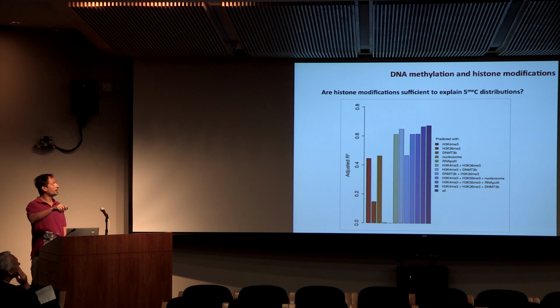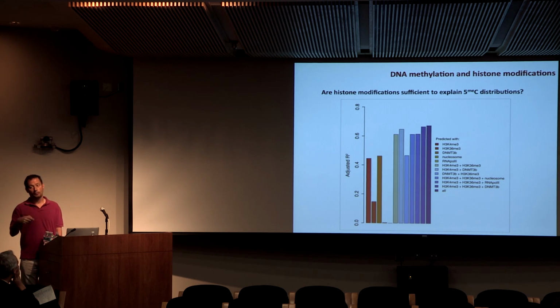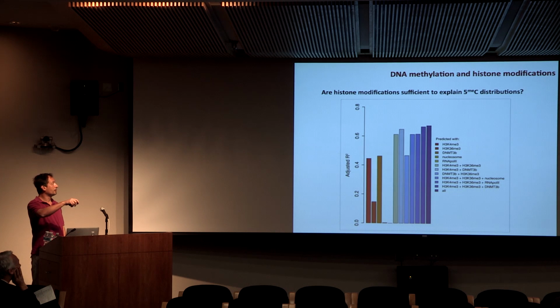For that, we built some simple regression models where we ask, can we model the DNA methylation signal in terms of the presence and the intensity of these two marks, H3K4 and H3K36? And we see that if we try to model it with the marks independently, it does OK. But if we combine the two marks, we get a very strong agreement between our model and the DNA methylation pattern.